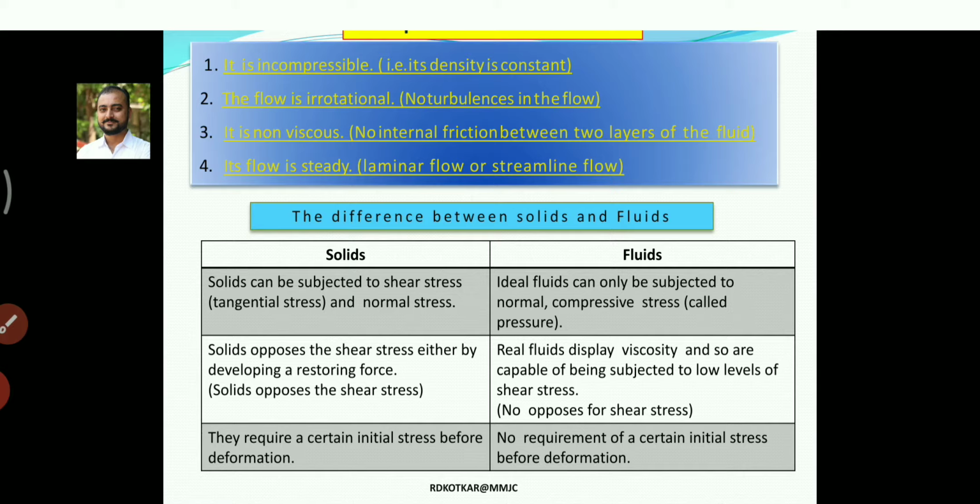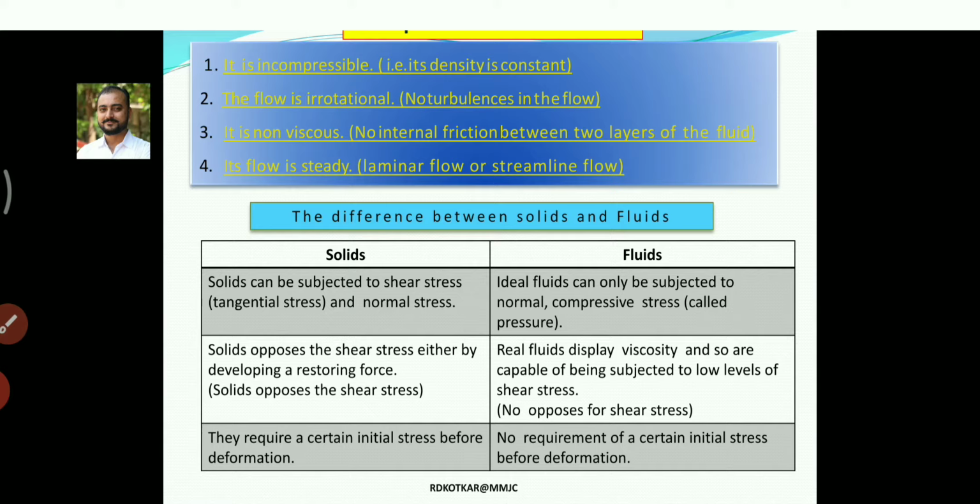Means in case of ideal fluids, there is only the normal or compressive stress, which we call pressure. Solid opposes the shear stress by developing a restoring force.